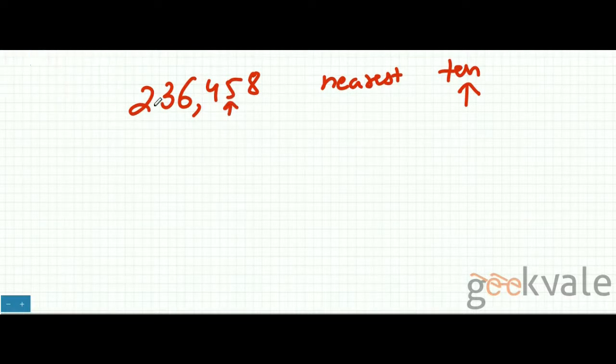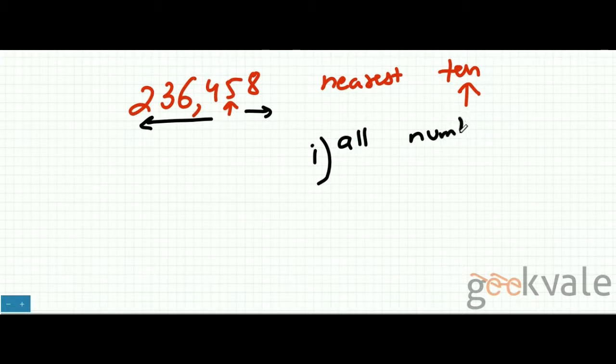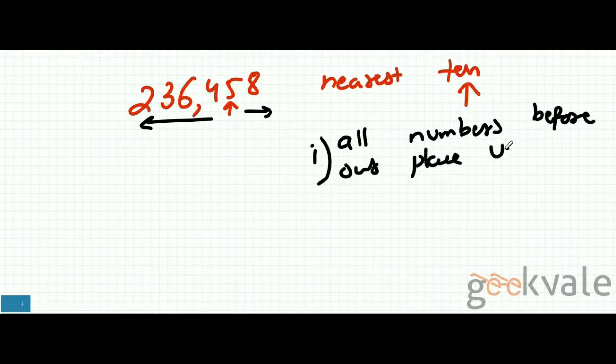First thing, all numbers that are appearing before that place value. If we look at this figure, the numbers to the left are appearing before and the numbers to the right are appearing after. All digits before our place value remain unchanged.